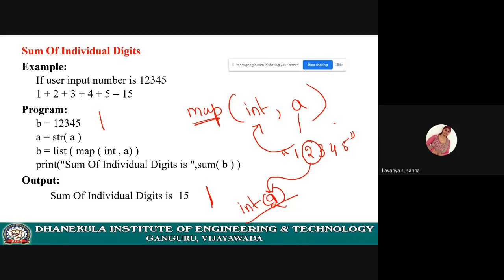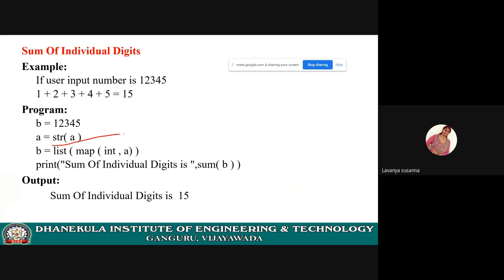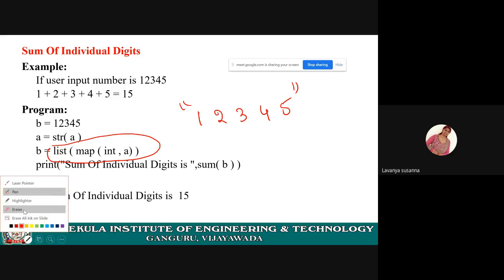This character 2 is converted into integer 2. Next, like that 3, 4, 5. Now, see this statement once again. What is the map function doing? It gives 1, 2, 3, 4, 5 as integers. It has converted this string into integers, individual characters.